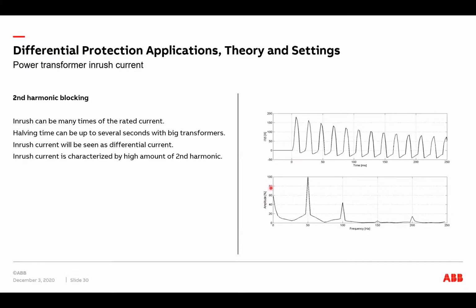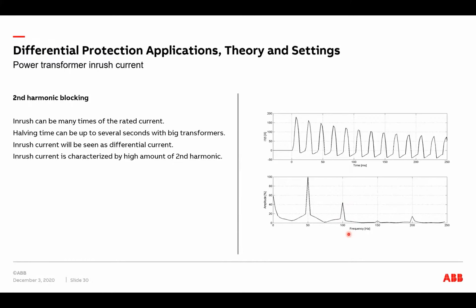If we look at the second picture here, we can see that the main part of the inrush current consists of the fundamental component. But there's also a quite big second harmonic component available in the inrush current.